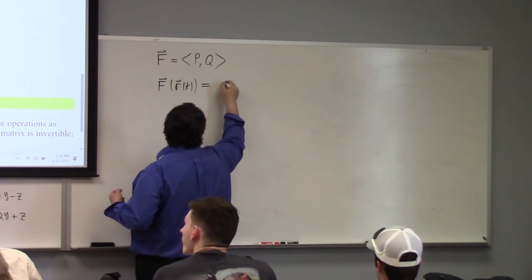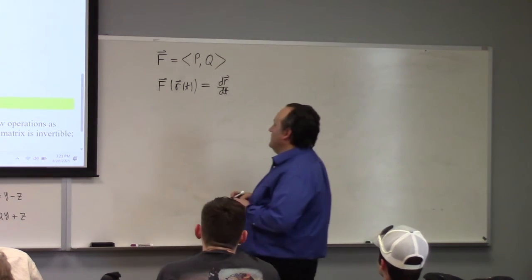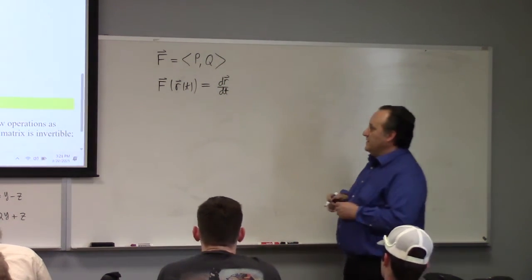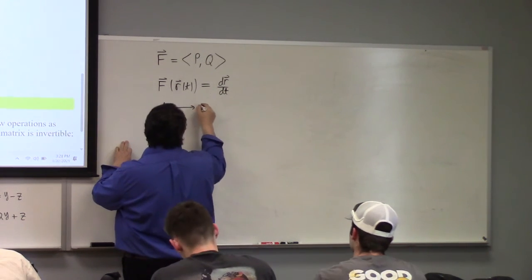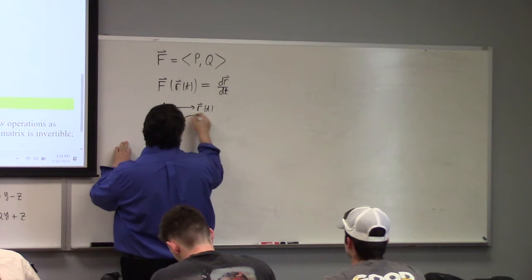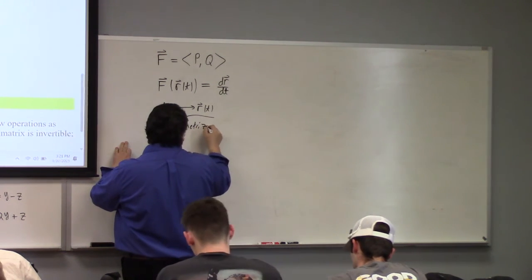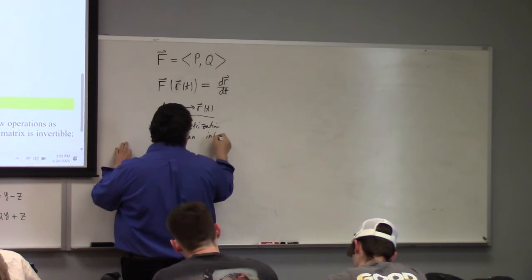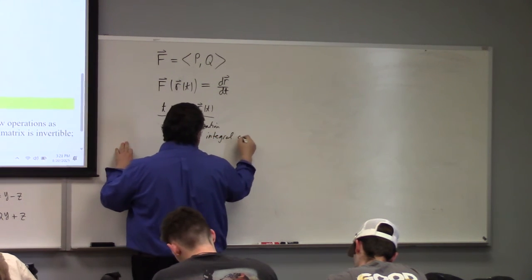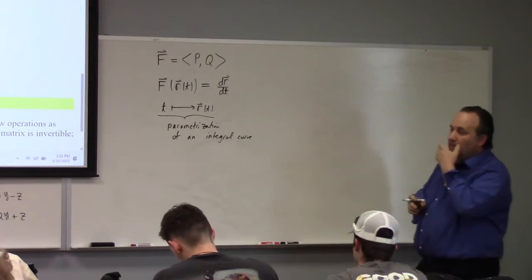And that's equal to dr dt, right? That makes the mapping t maps to R of t what's called a what? This describes a parameterization of an integral curve. All right? It's a parameterization of an integral curve.